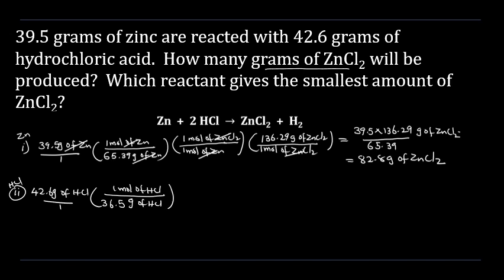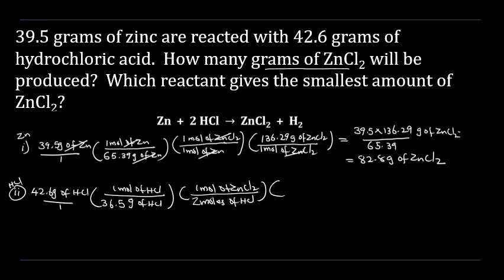And I have to see the stoichiometric relationship in the balanced chemical equation. So 2 moles of HCl corresponds to 1 mole of ZnCl2 from the balanced chemical equation.